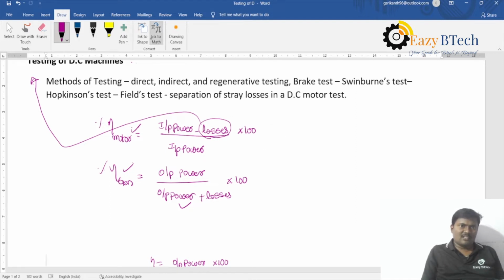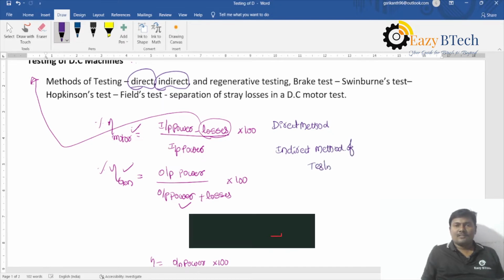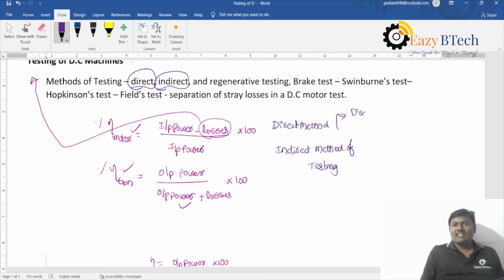There are two methods: one is the direct method of testing, and the other is the indirect method of testing. In the direct method, a mechanical load is applied directly to the motor.